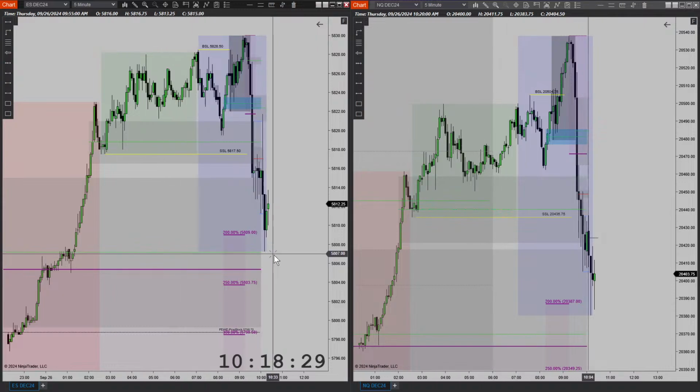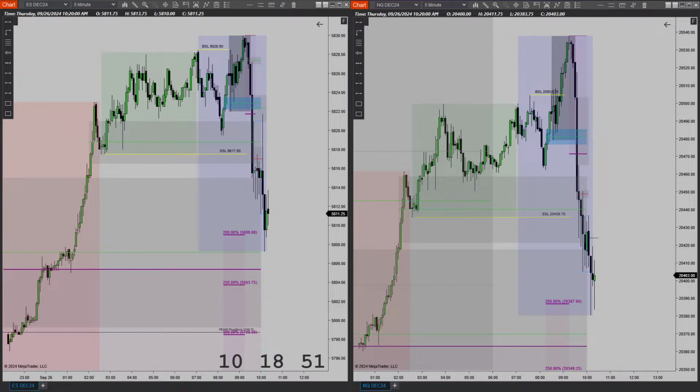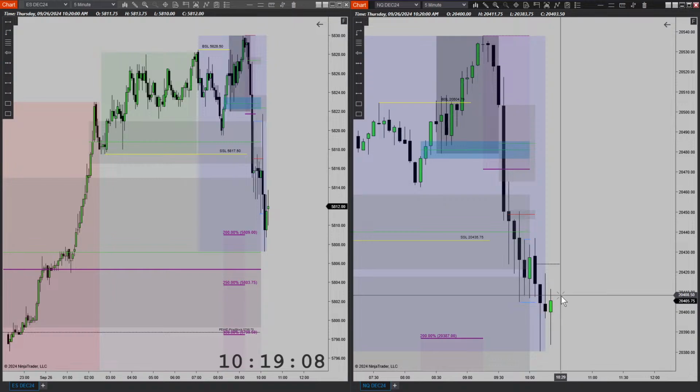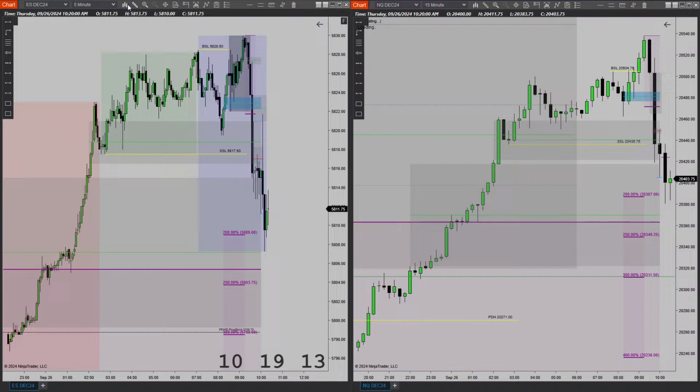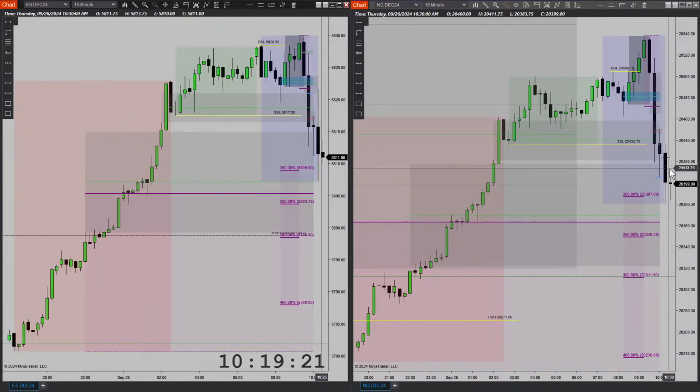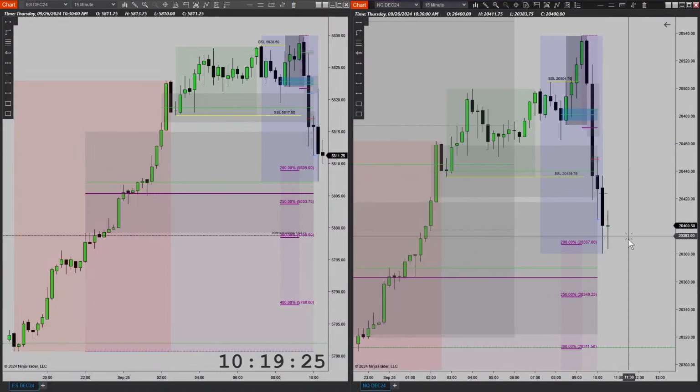I completely didn't see this. Yeah, one of these has to trade into consequent encroachment, or I mean 50% of the range.